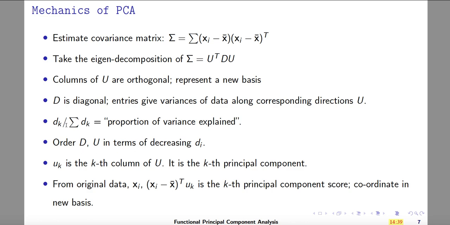Also we can look at the ratio of d_k over the summation of all the d_k's. We call this the proportion of variance explained. The principal component score will be x_i minus x bar transpose times u_k.